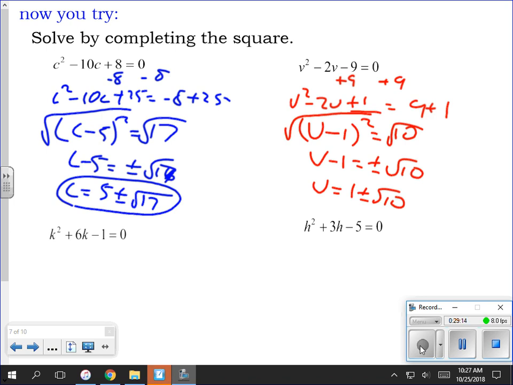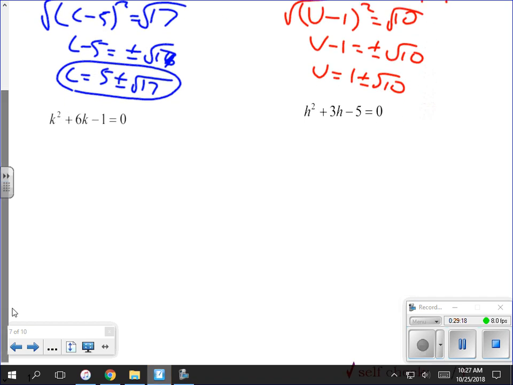Questions on those top two? So I'm going to scroll down to make more room. Okay. Add 1 to both sides. k squared plus 6k blank equals 1. Half of 6 is 3. Square that, I get 9, so I add 9 to both sides.